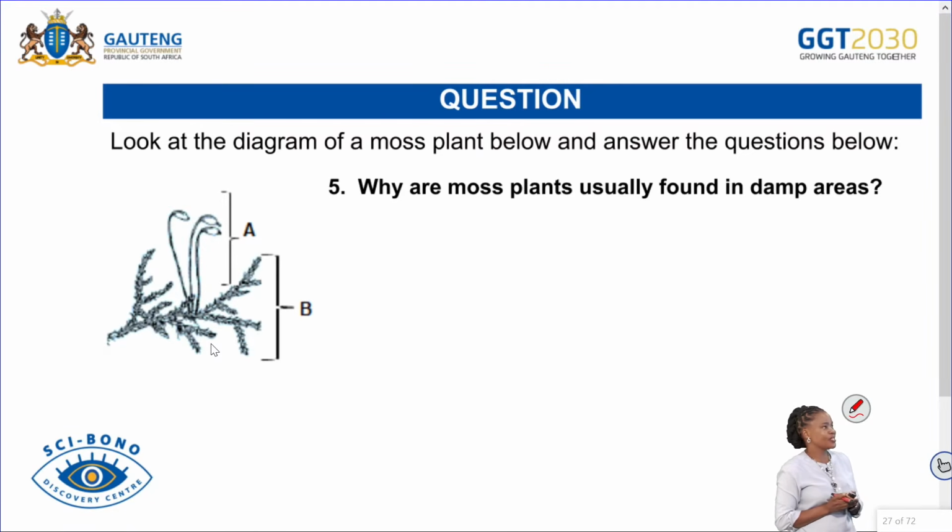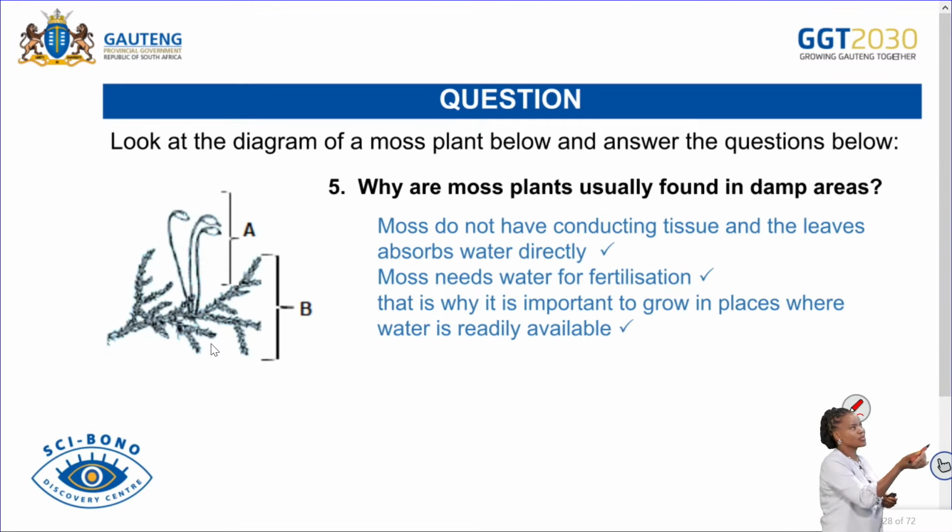Now, question number 5. Why are moss plants usually found in damp areas? Why can't we find moss plants on very dry land? Why are they only found in damp areas? It is because moss do not have conducting tissues. Remember, the conducting tissues are the xylem and phloem, so they don't have those tissues. The leaves must absorb water directly. So that's why they should be in damp areas.